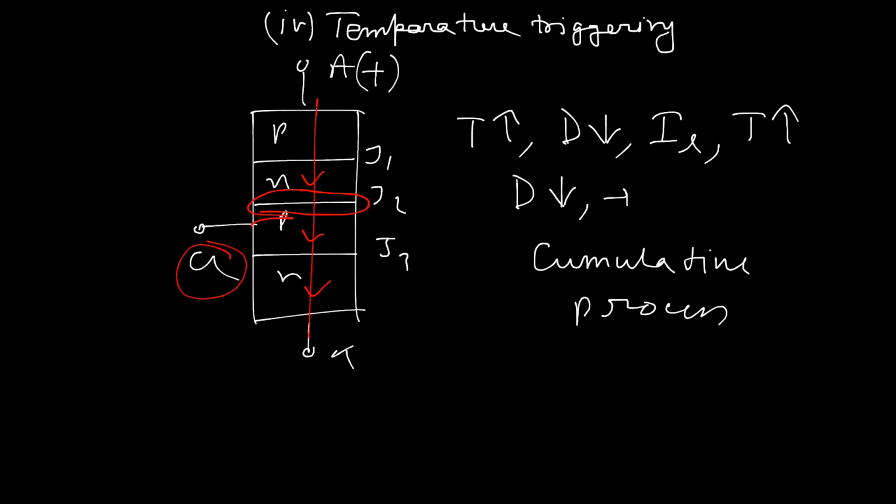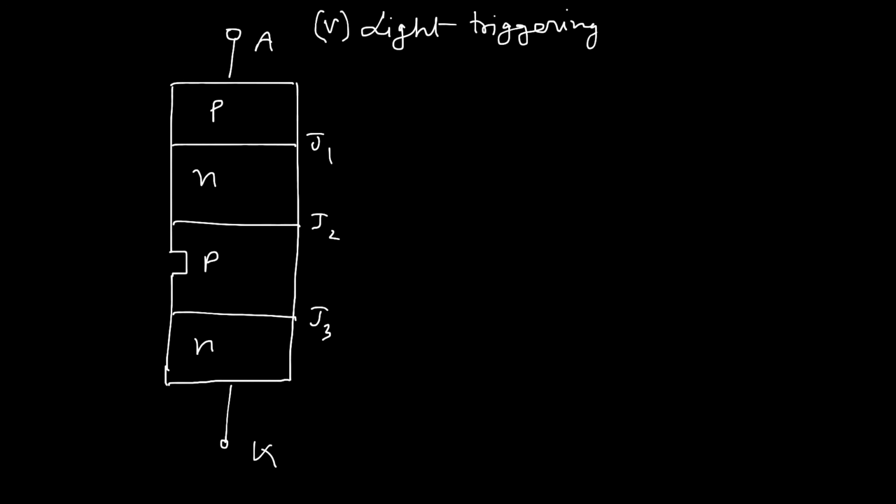Next and last is light triggering. This is a very interesting part. Here the gate terminal is not present. Just a hole is there, through which the light enters the P layer. We know energy is imparted by radiation, and radiation means a flow of electrons and protons.